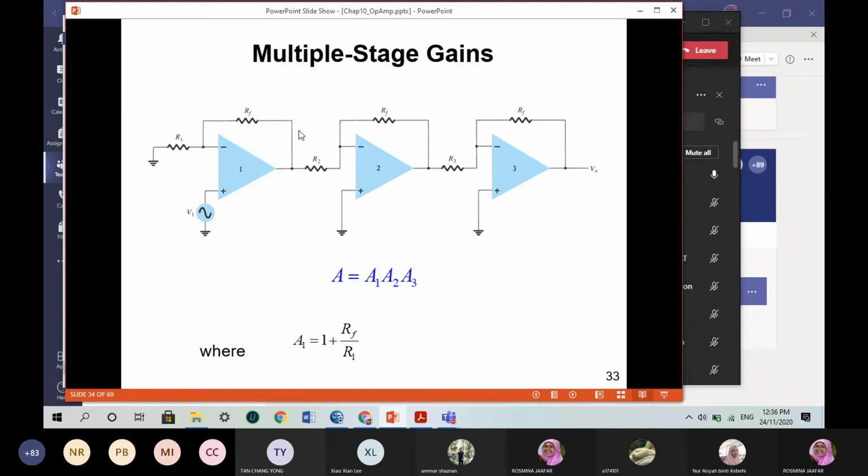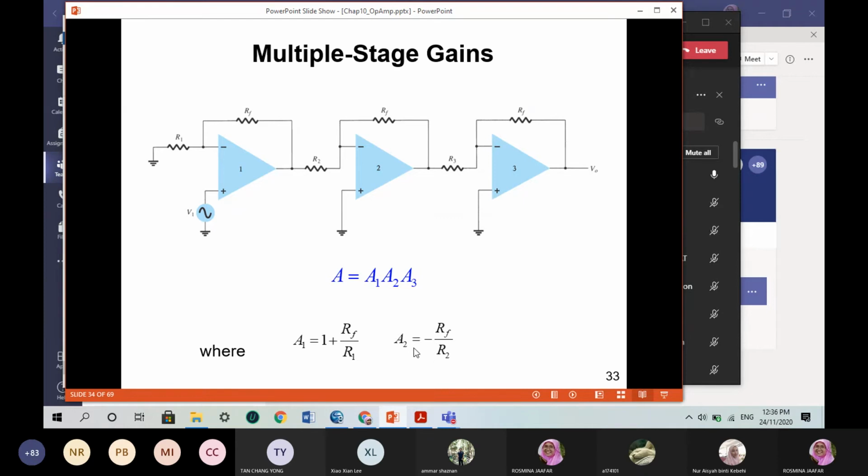And for each of the amplifiers, the first one is connected to the non-inverting terminal, and R1 here is connected to the negative input terminal. But for this one, you have to connect V plus to 0. Here V plus to 0.